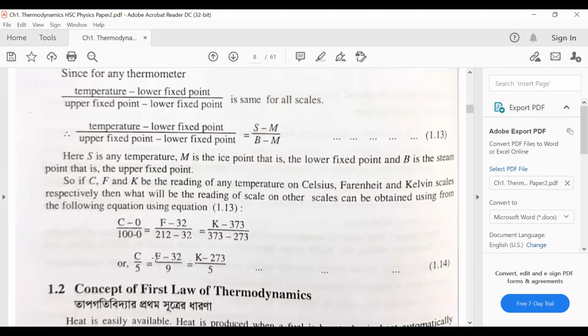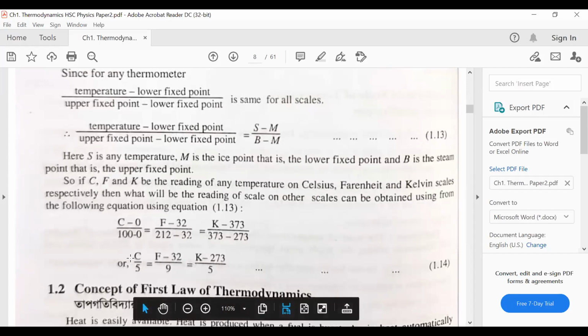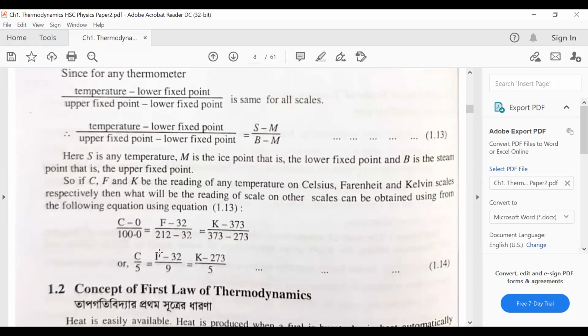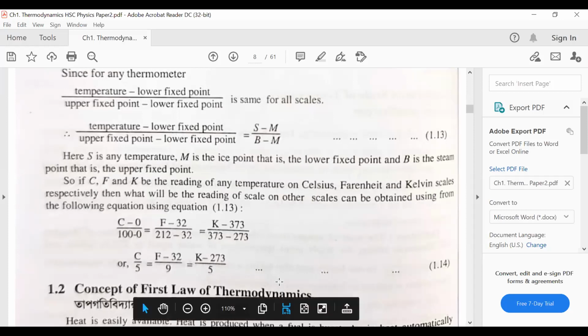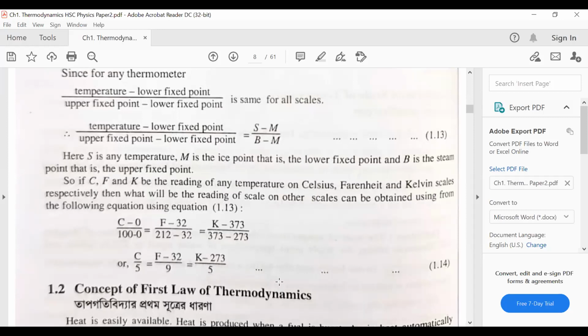So C by 5 is equal to F minus 32 by 9. And to convert Fahrenheit to Kelvin, you can use these two: F minus 32 by 9 is equal to Kelvin minus 273 by 5. So you have to know how to convert different scales of temperature. So I'll stop it now.